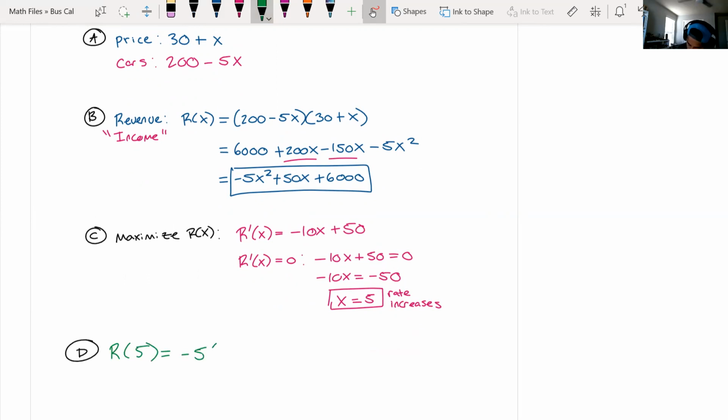And I'll have negative 5 times 5 squared plus 50 times 5 plus 6,000. And our maximum income or revenue is going to be $6,125.